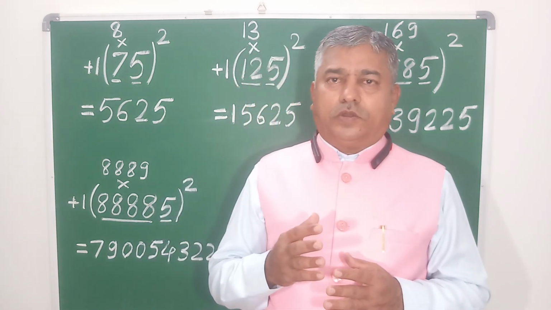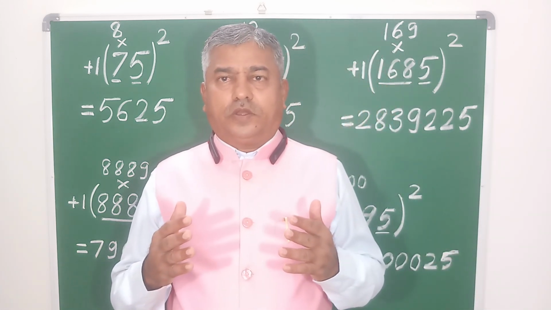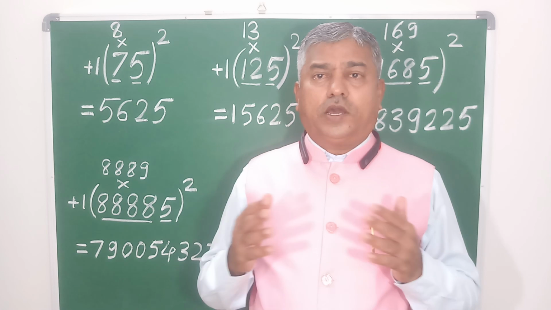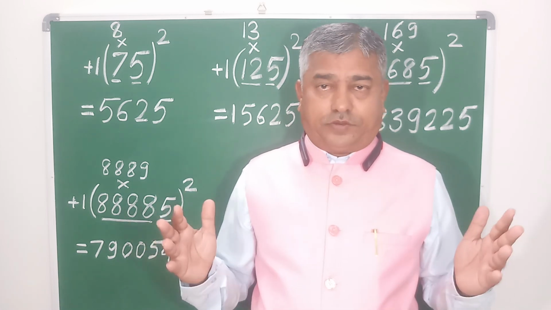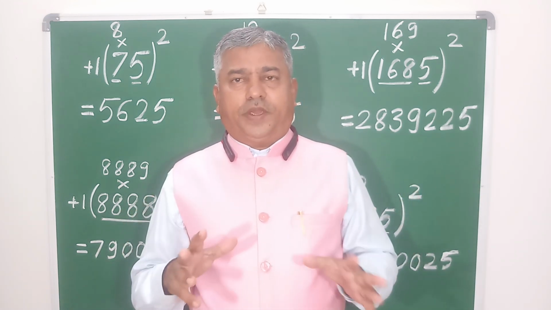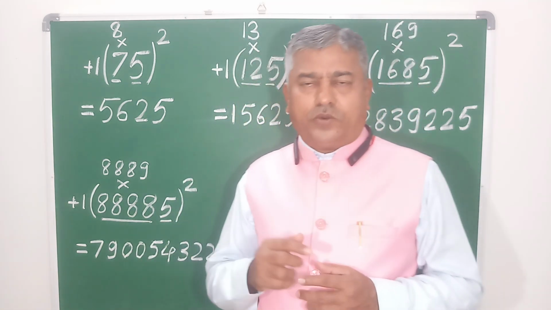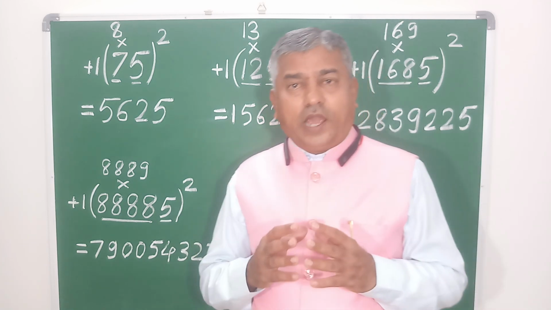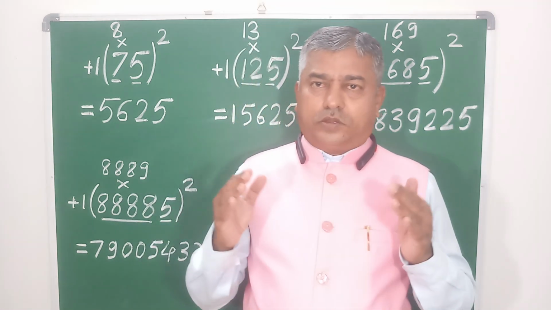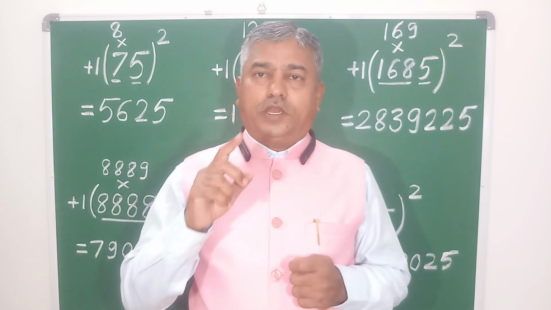It means to make the squares of the numbers which are ending in 5, whatever it may be, the number smaller or medium or bigger or biggest, we can make the squares of such numbers very easily by the help of the first formula, that is called in Sanskrit Prathama Sulabha Sutra, that is Ekadikena Purvena.